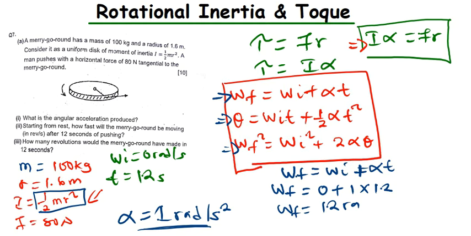rad per second. But the question is, we need to leave the answer in revolutions per second, so we have to convert this from rad per second to revolutions per second. What we should know is that in one revolution there is 360 degrees. At the same time, there is 2 pi rad, so I can use this to convert.